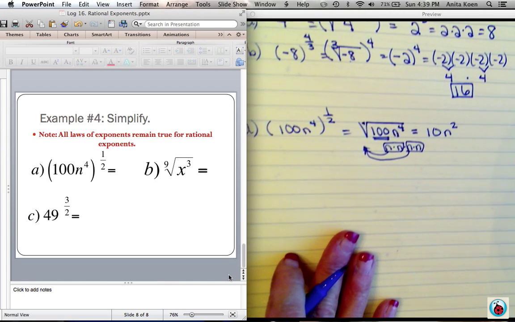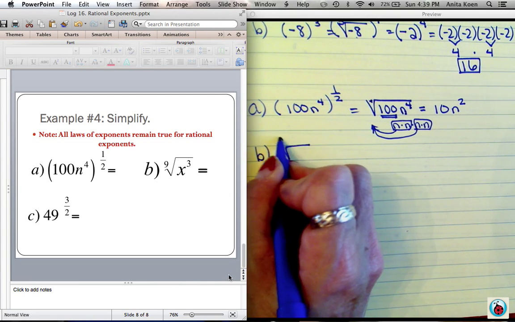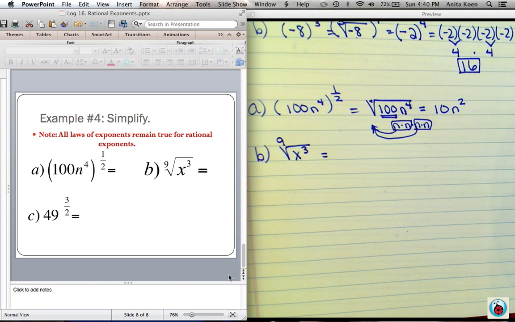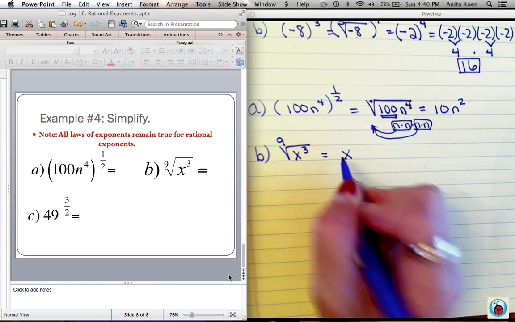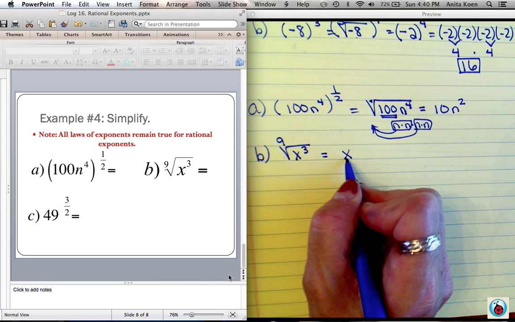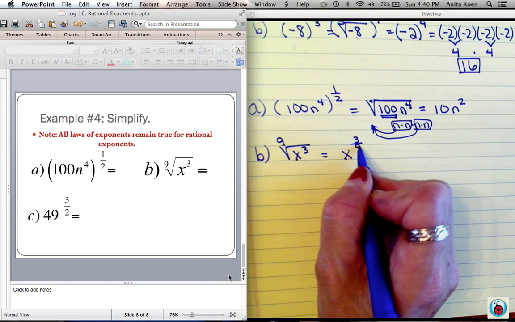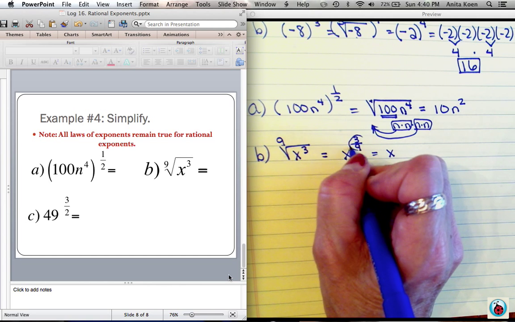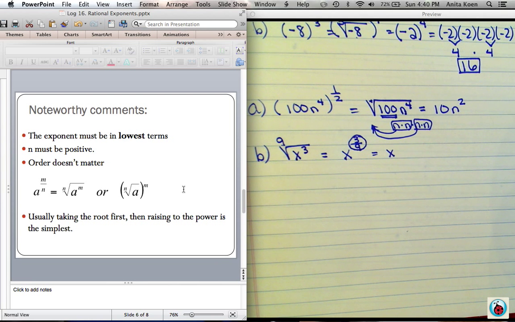Okay, let's look at letter B. Letter B is the 9th root of x to the third. Well, now this one, I don't know what the 9th root of x to the third is, so I'm going to change this from radical form back into rational form. The x becomes the base, the 3 becomes the numerator, and the 9 becomes the denominator. Now I want to reduce or simplify this fraction, because under our noteworthy comments right back here, we said that the exponent must always be in lowest terms.